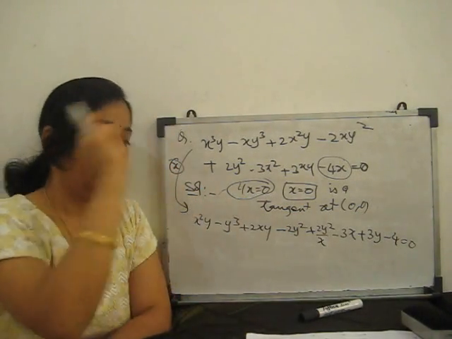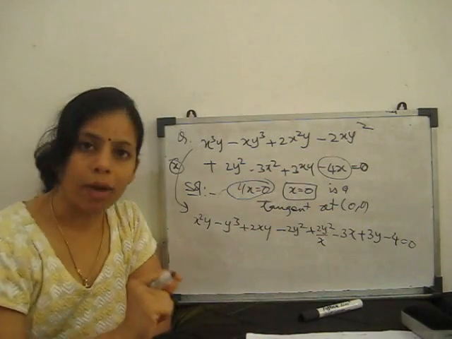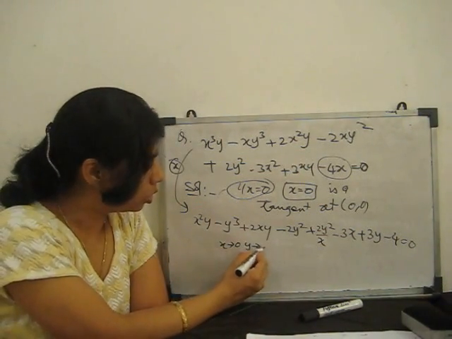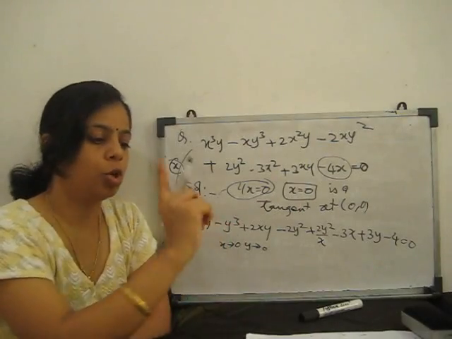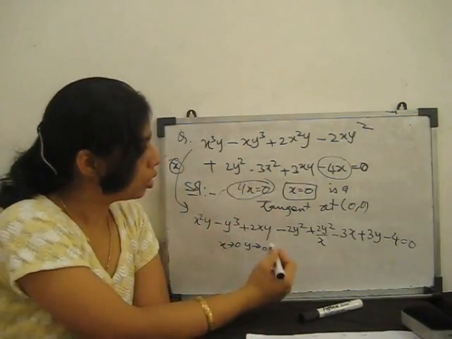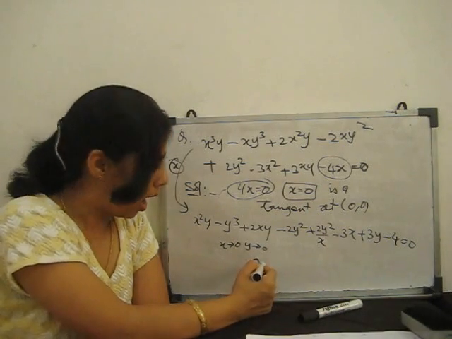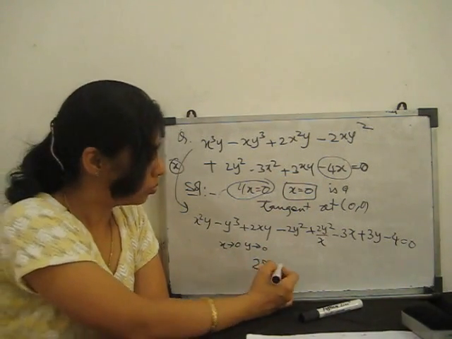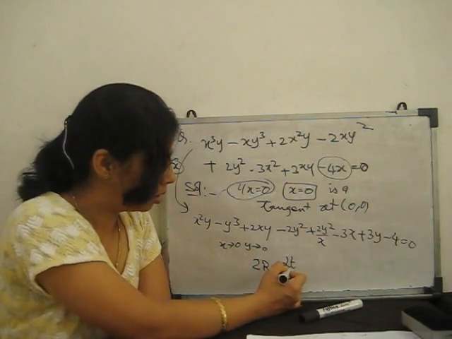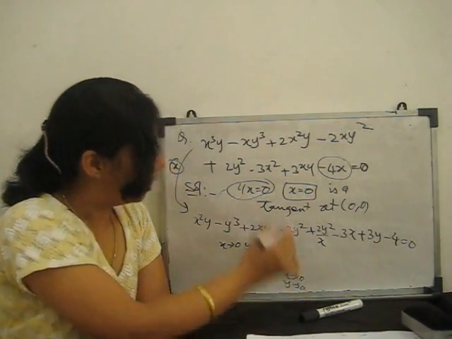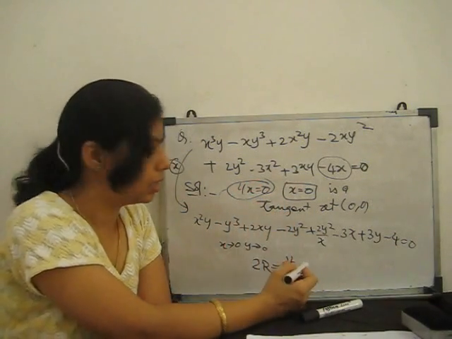When we divide, now we have to apply the limit x tends to 0, y tends to 0. When x tends to 0 and y tends to 0, what is our radius of curvature? 2r, or we can say r equals the limit as x tends to 0, y tends to 0. x equal to 0 means the y axis is the tangent.